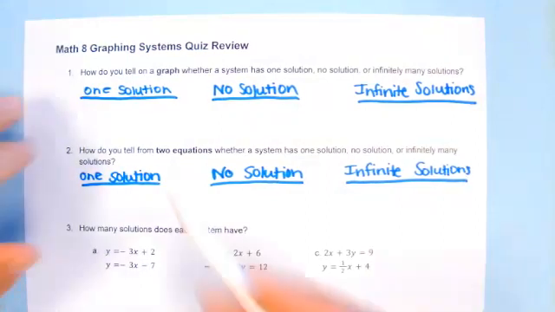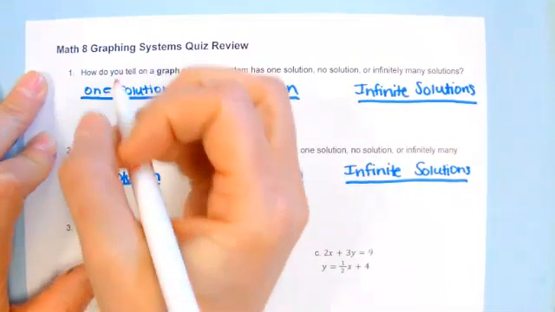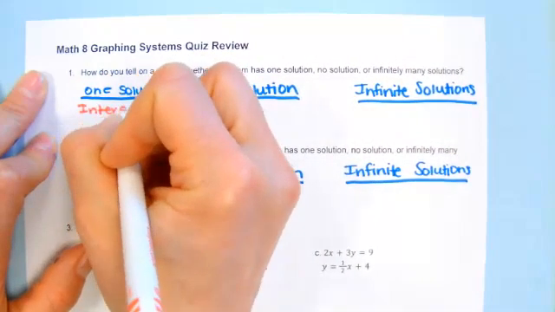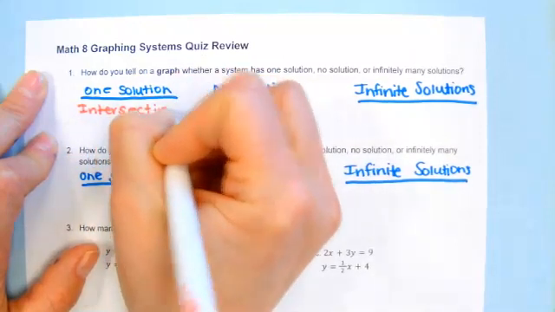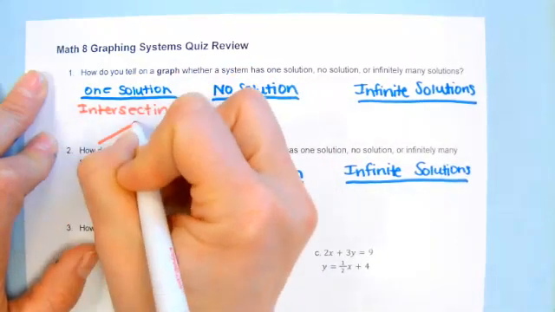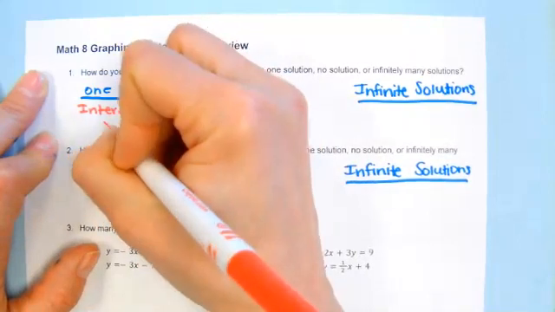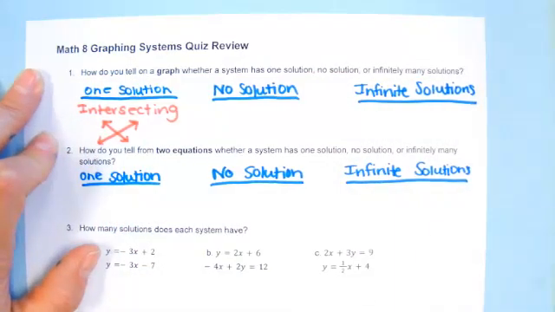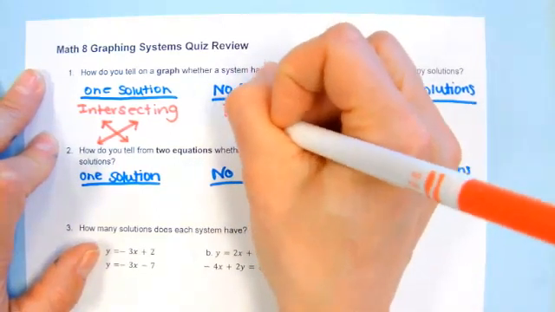On a graph, there's one solution if the graphs are intersecting lines. And so maybe you would want to draw lines like this. If they intersect, they have one solution. It's no solution if they are parallel.